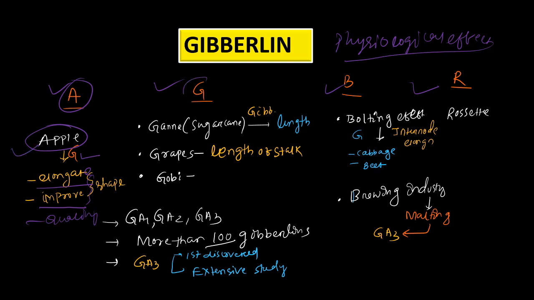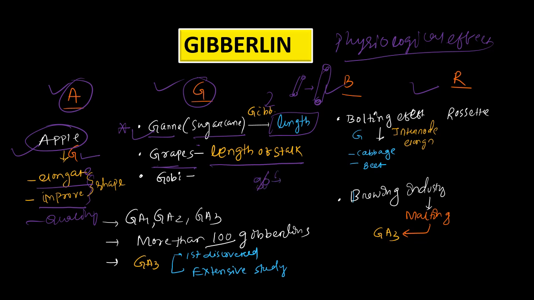Next is G. In G we study ganna, or sugar cane. If you spray gibberellin, the length of sugar cane increases. After spraying gibberellin, the length increases. Grapes, this is most important, a previous year question was asked.